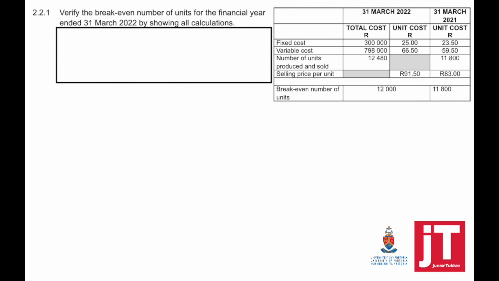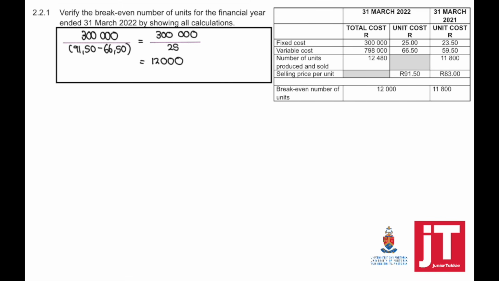So we need to verify the break-even point. That means 300,000 divided by 25 equals 12,000.